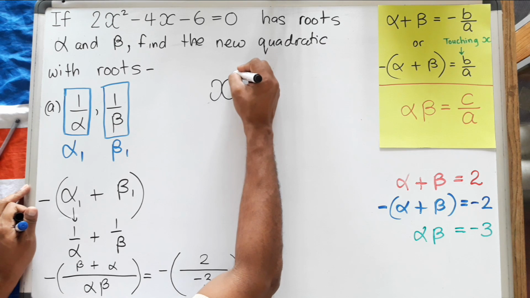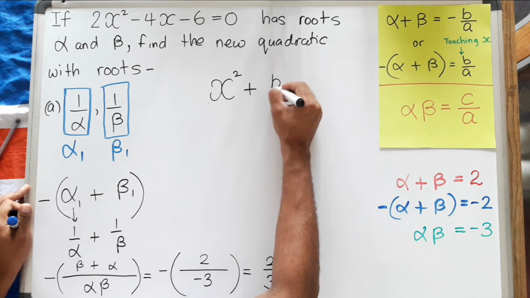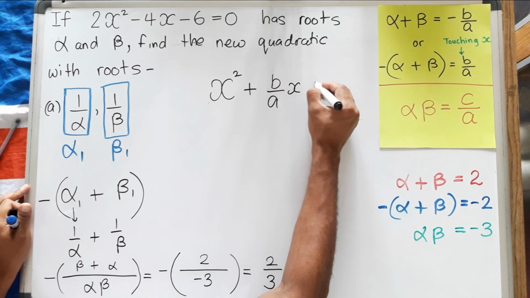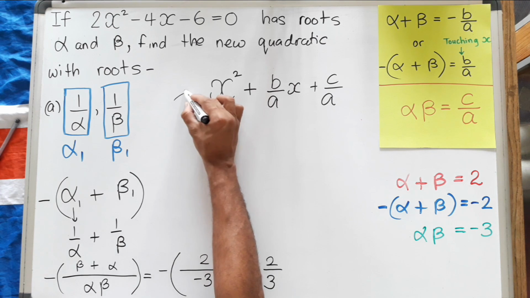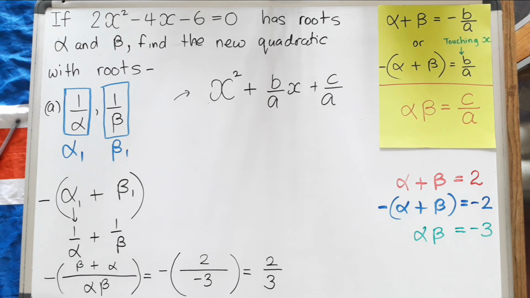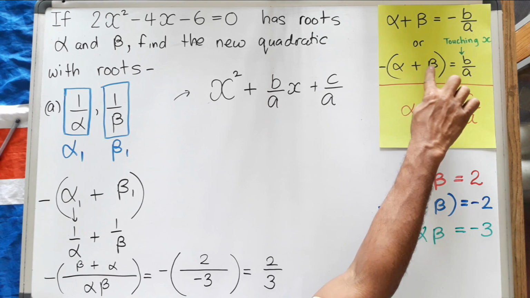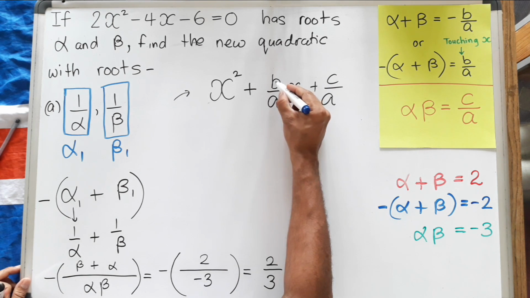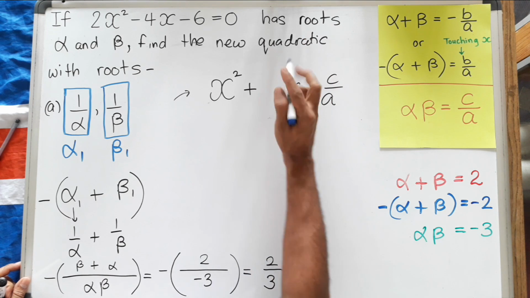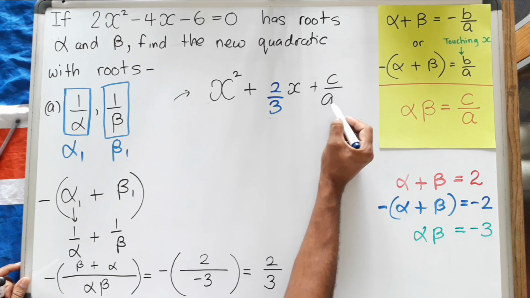For the new quadratic, x squared plus B on A x plus C on A, we just figured out how much is B on A. We added the two new roots and we took the opposite, and we ended up with 2/3. So B on A is 2/3. We just need to figure out C on A.